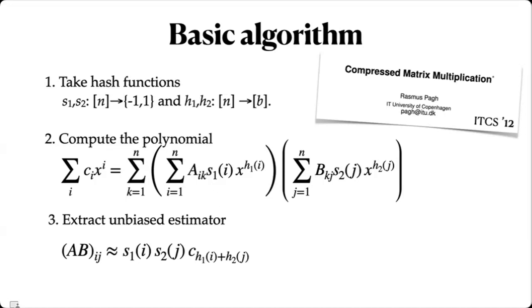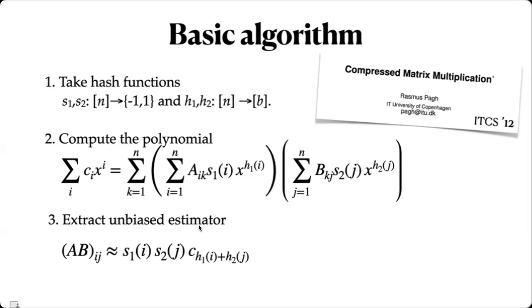In the particular case of bilinear pooling, these two vectors, A and B, are actually the same vector, sketched twice with different hash functions. We compute the product and extract the coefficients. Let's say that C_i is the coefficient of x to the power i in the product. Now I claim that there's a simple way to extract an unbiased estimator for entry ij in the product of A and B.